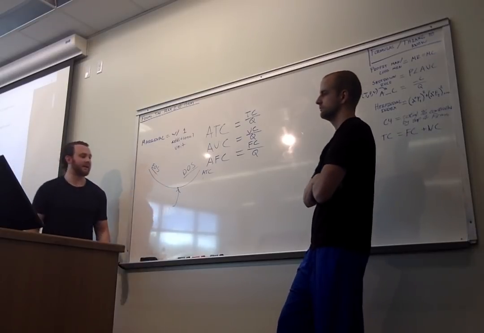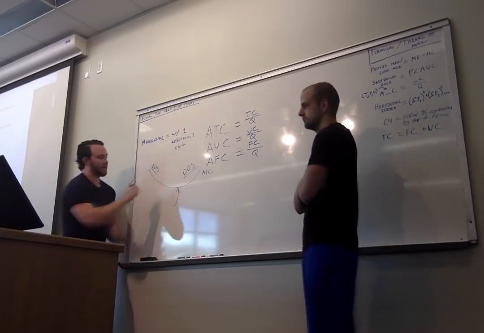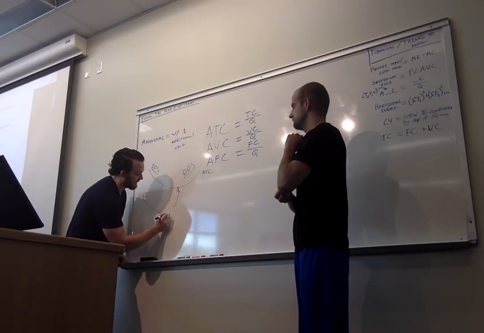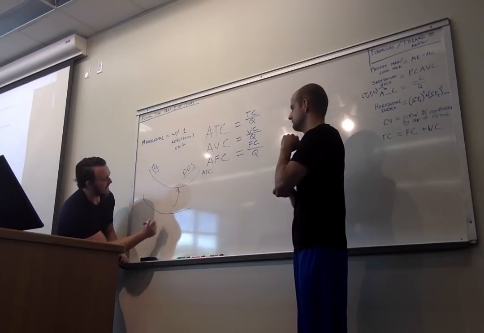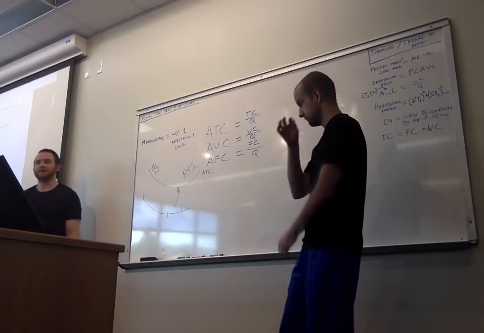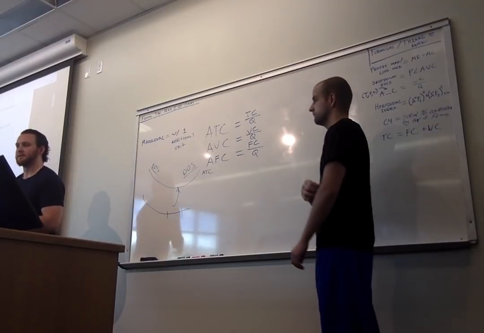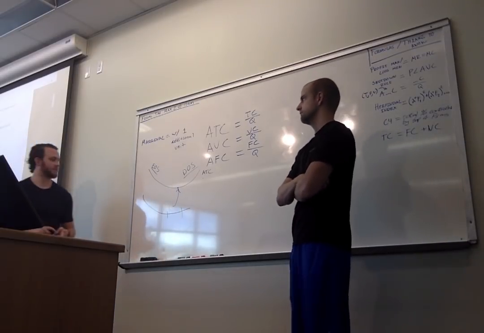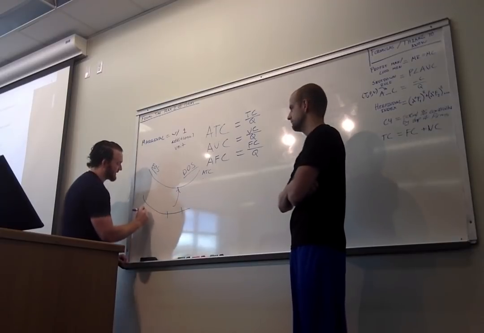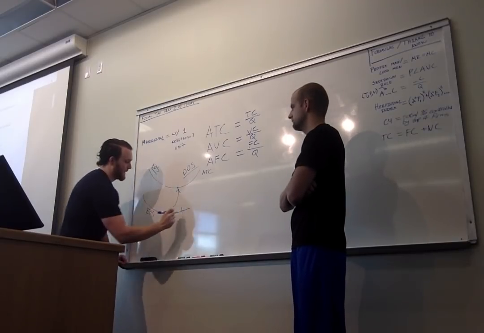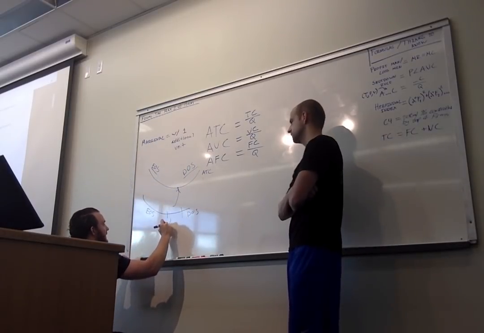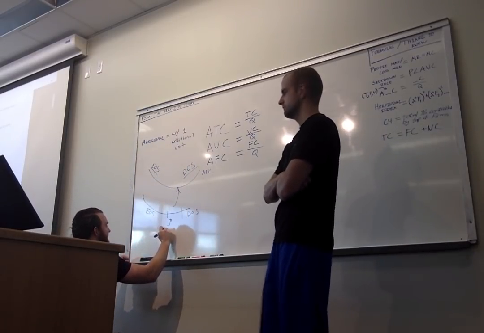This area down here, if you could enlarge this so that it looked more like that and this was flat, the area where that's flat is also called constant returns to scale. Something else that you might want to write down. So right, this is an economy of scale, this a diseconomy of scale, and this would be called constant returns.